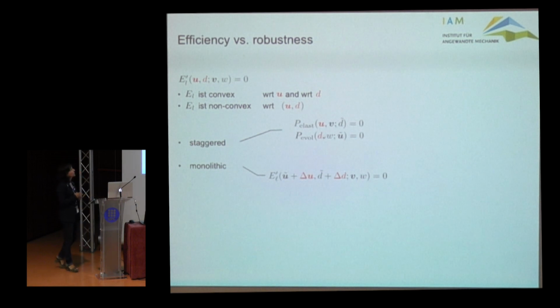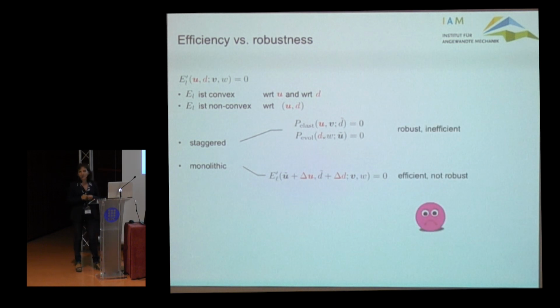And this is a major source of problems in the solution, because you are looking for minima. You will have several minima, some local minima, and of course a global minimum, but the search for these minima will be much complicated by this non-convexity. So one option, of course, is to go staggered, so to minimize alternatively for one field at a time, and the other option is to go monolithic, but there are bad news.